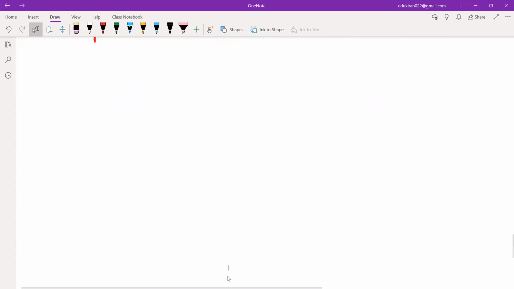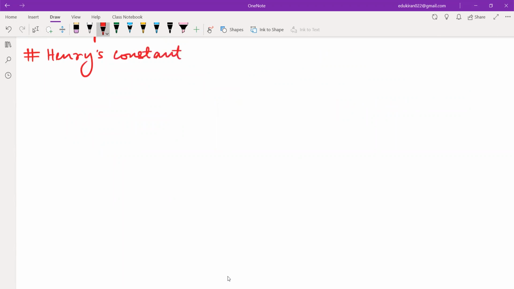Now, let us talk about Henry's constant KH. The first thing that we'll discuss about Henry's constant is the unit of KH.